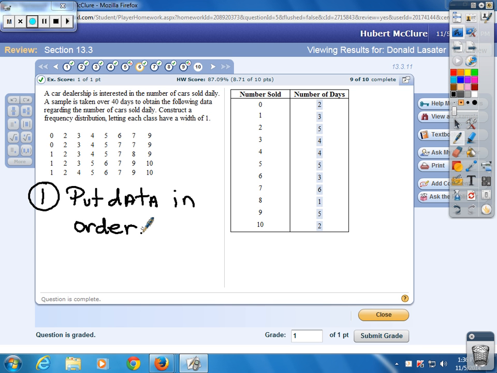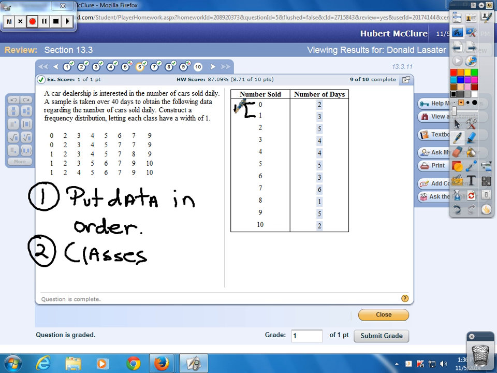The second thing you do is form your classes. In this case, they already gave you your classes. A class width of 1. What's your minimum value? What's your maximum value? Class width is 1, so it's going to be 0, 1, 2, 3, 4, 5. That's your classes.